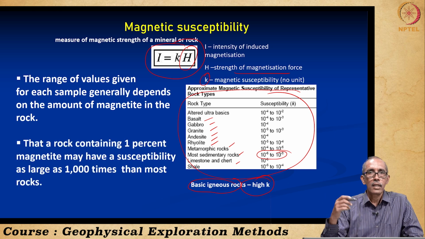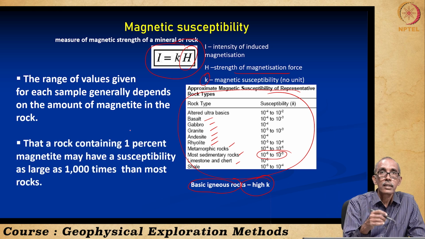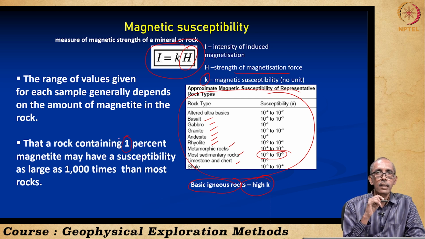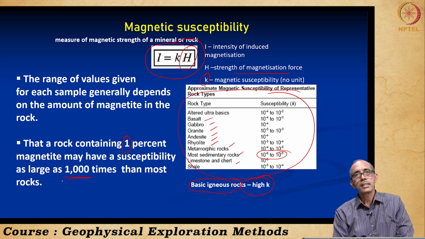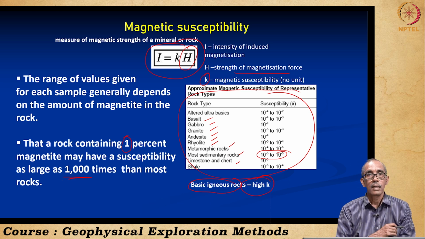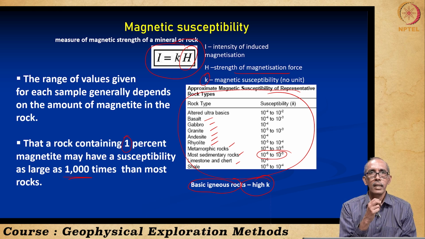The interesting thing is, a rock containing just 1% of magnetite may have a susceptibility as much as 1000 times that of most rocks. Even if the rock has just 1% magnetite, its susceptibility will be 1000 times more than a rock which does not have magnetite.